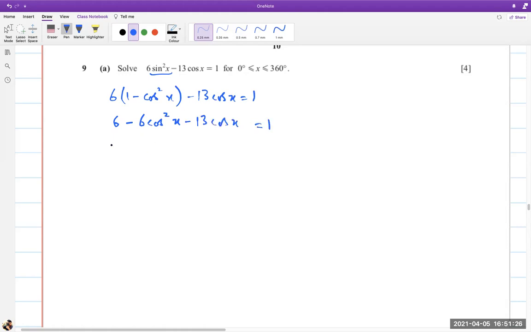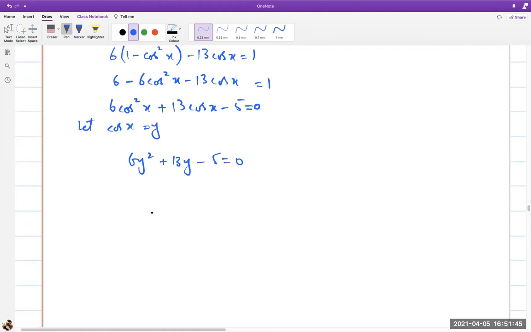I take everything to the other side, so that gives me 6 cos square x plus 13 cos x minus 5 is equal to 0. Okay. And now I can just say let cos x equal to y, leaving with 6y squared plus 13y minus 5 is 0. And after that, it's not a problem for us. We can simply find the quadratic equation, solve it as we have done many times.